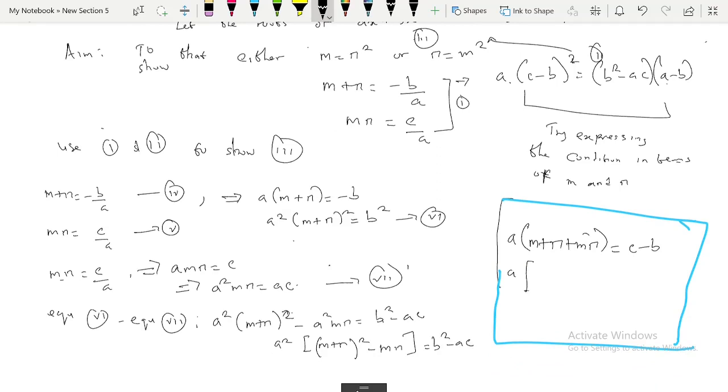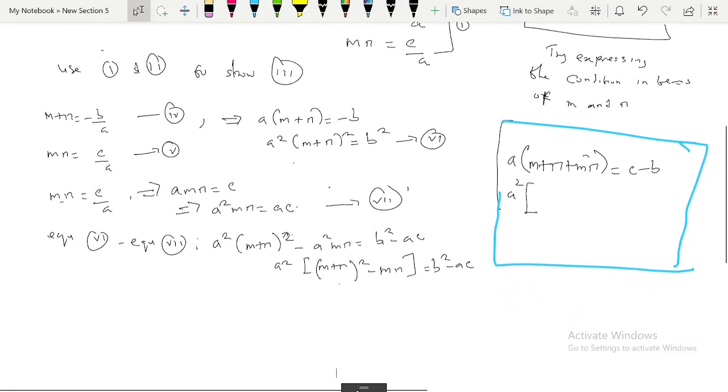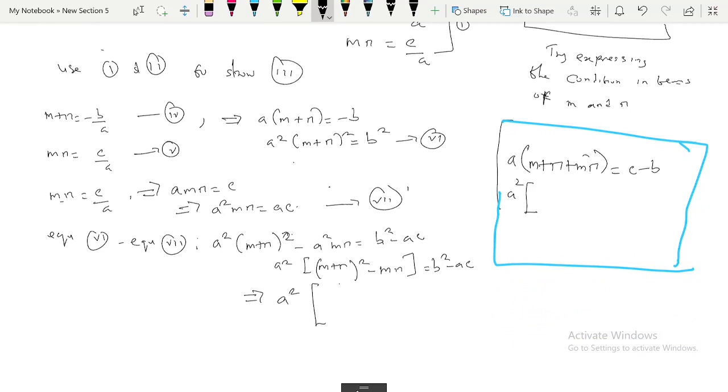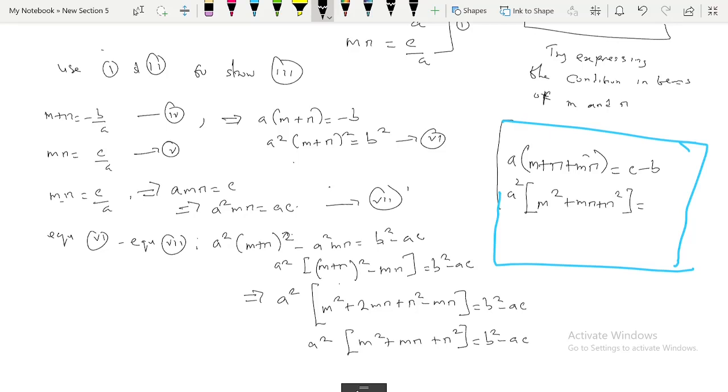And I can rewrite this as, if I expand, a square into m square plus 2mn plus n square minus mn, so when I simplify, a square into m square plus mn plus n square. So I know what b square minus ac is now.